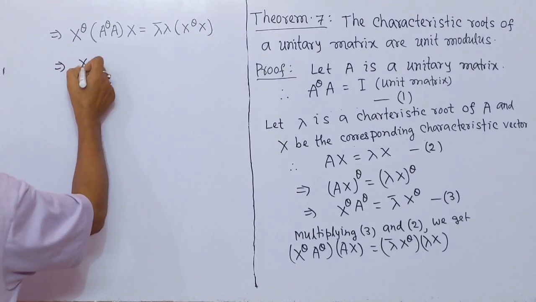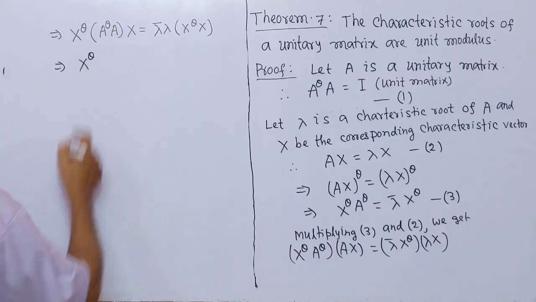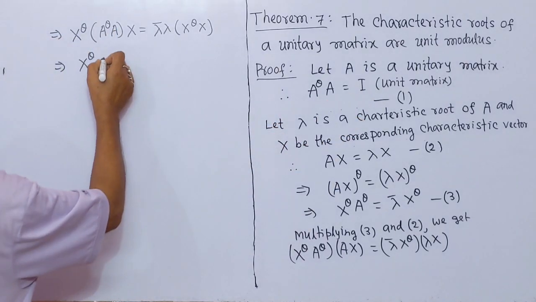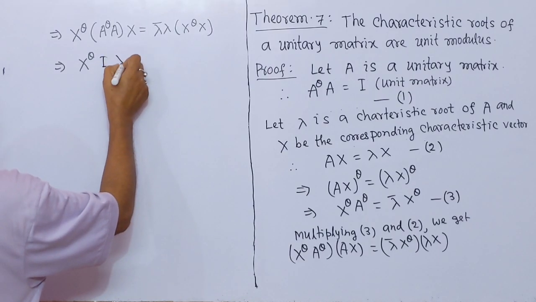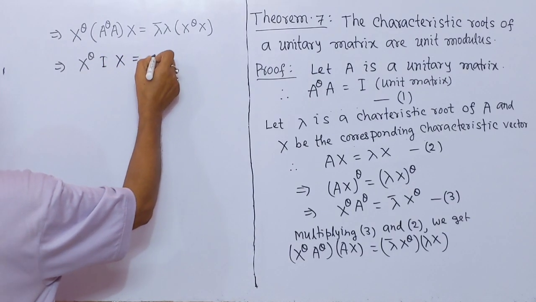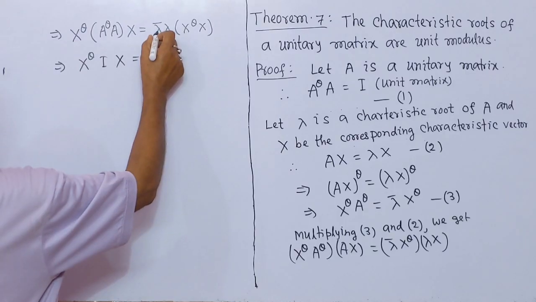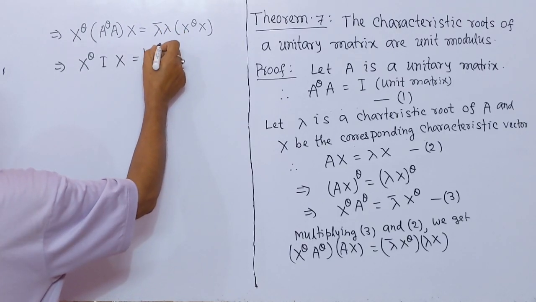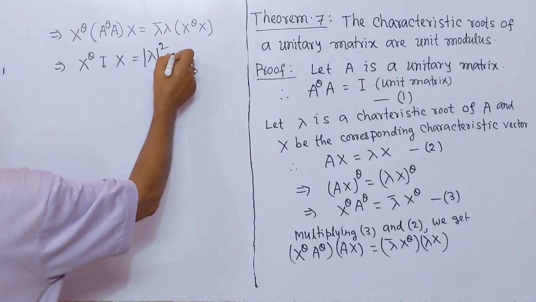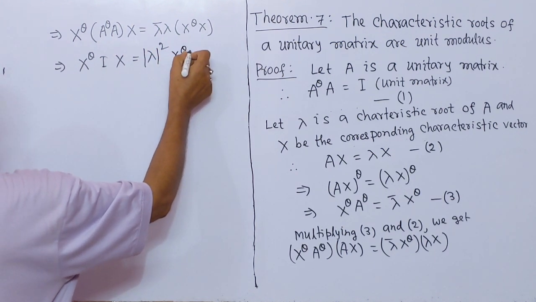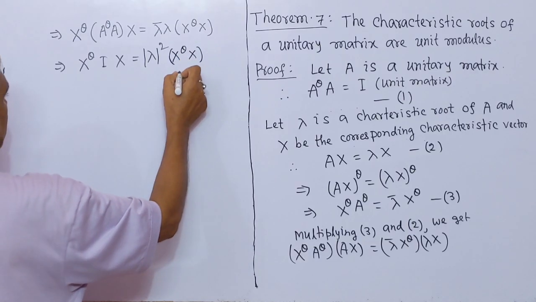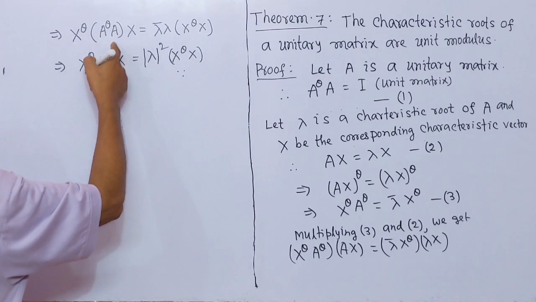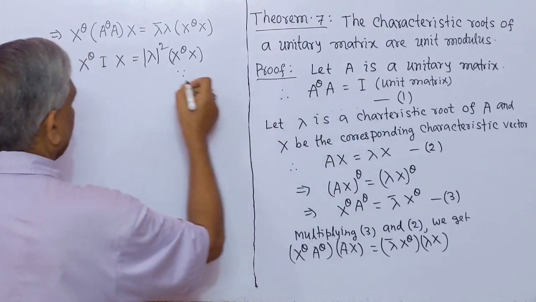This implies that x^θ, A^θ multiplied by A is the unit matrix, x, equal to lambda bar multiplied by lambda, which is the modulus of lambda squared, x^θ x. On the left side, A^θ multiplied by A = the unit matrix, using 1.